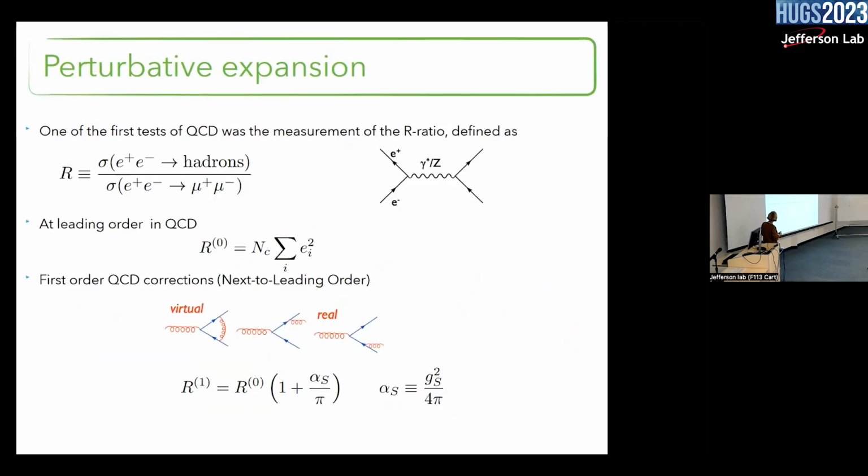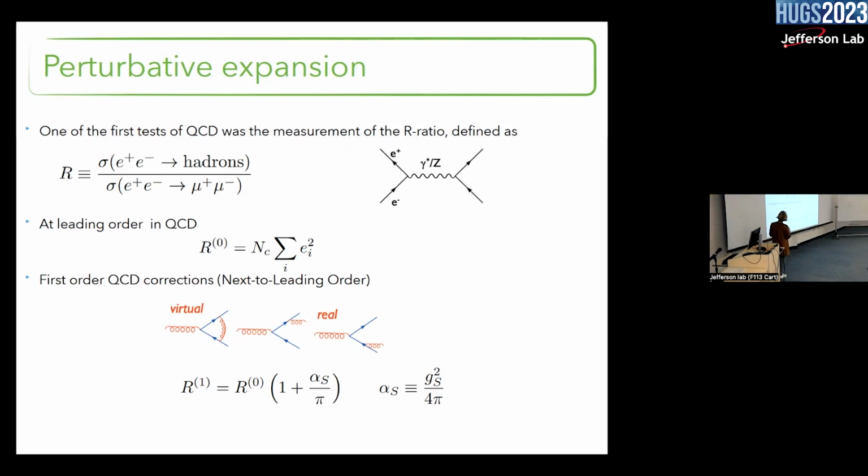So let me just start with the perturbative expansion. Again, I'm sure you have seen this in different sources during the lectures here, so I don't want to spend too much time, but I just want to talk about the easiest example of perturbative expansion that you can think of, the one that proved the existence of the gluons.